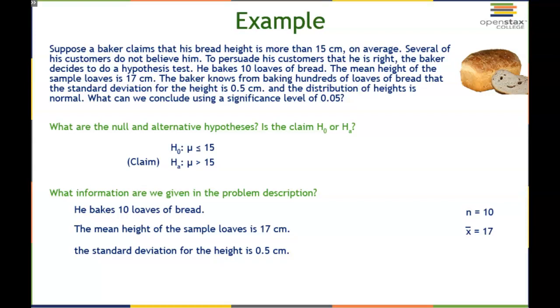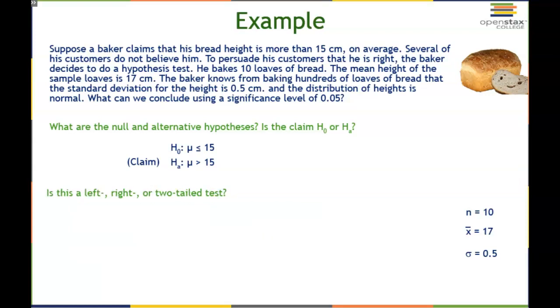Now that's because he's baked hundreds of loaves of bread. That's the population, so sigma equals 0.5. Now we want to figure out how unlikely this is if H0 is true. How unlikely is the mean to be 17 for the sample if H0 is true, where the mean is less than or equal to 15?